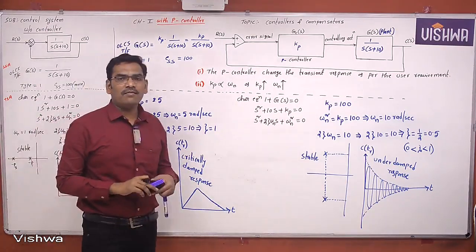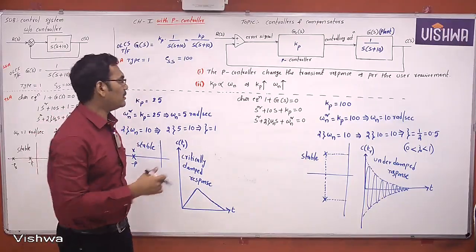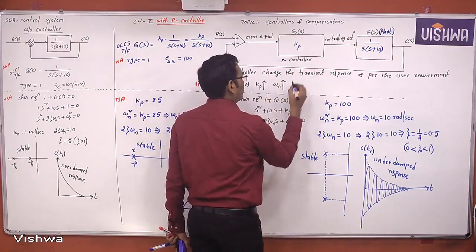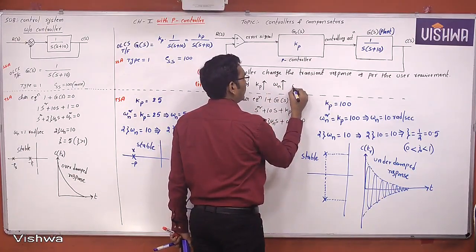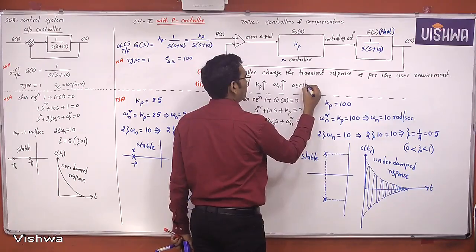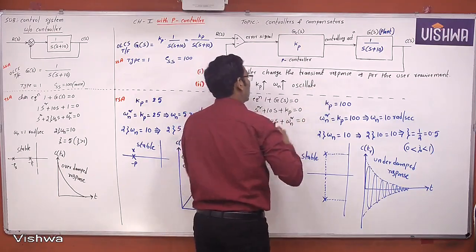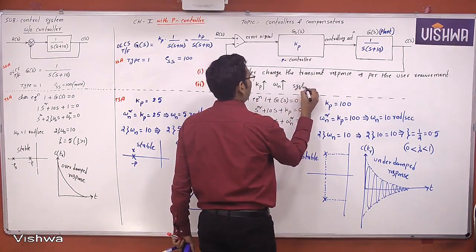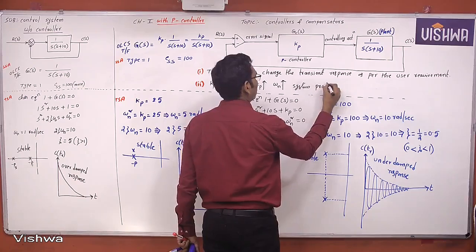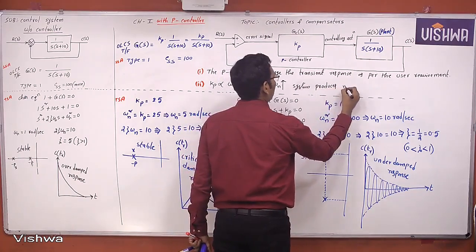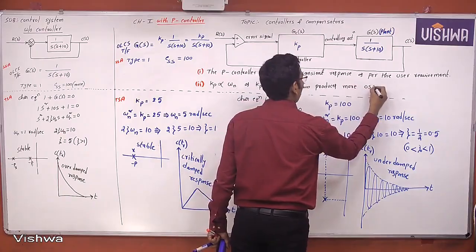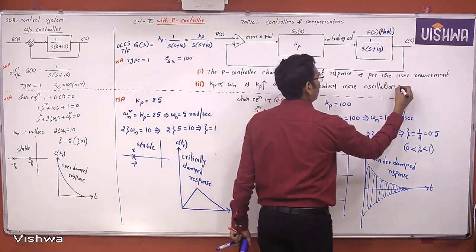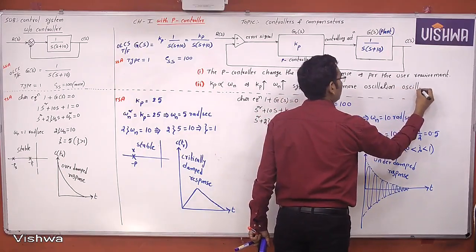As the frequency of oscillations increases, means as kp increases, omega n increases, the system becomes oscillatory in nature. The system produces more oscillations. Now more oscillations, or we may call it oscillatory nature.